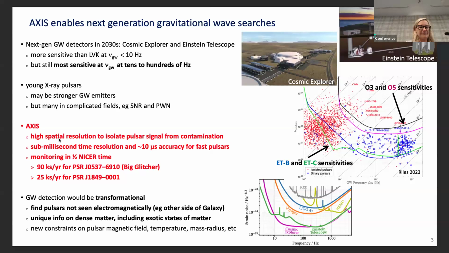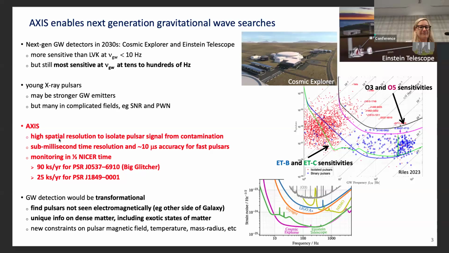Then below that, you can see the comparison between Cosmic Explorer and Einstein Telescope. They're comparable, but there are some differences due to designs. The two main points here are that the next generation gravitational wave detectors will be much more sensitive, and that they will be sensitive to lower frequencies, so you could go down to, say, a hertz.